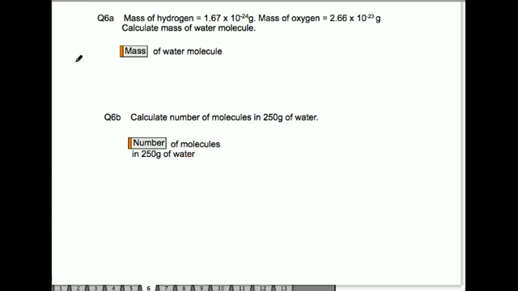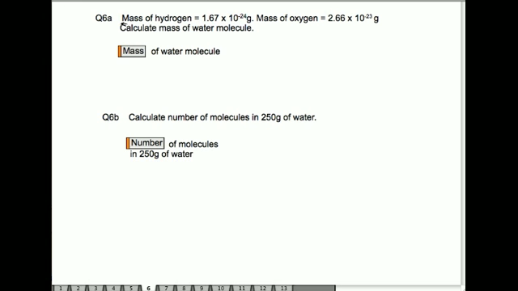In question 6, we have the mass of a hydrogen atom given and the mass of an oxygen atom.